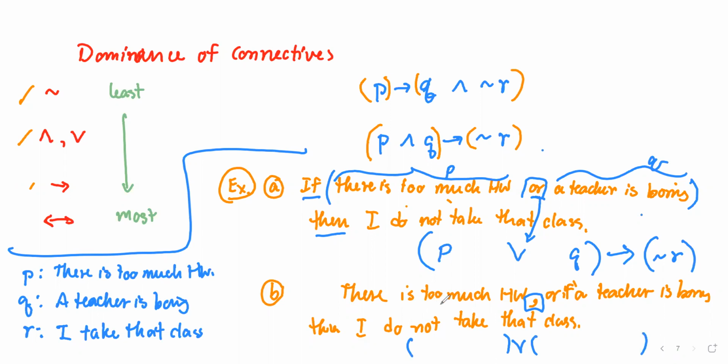On the left, there is too much homework, which is just the statement P, so it's not necessary to put parentheses around it and we can omit them. And the right-hand side of the or is the if then statement: if a teacher is boring, which is Q, then I do not take that class, which is the opposite of R. So this is how to write the symbolic form of part B.